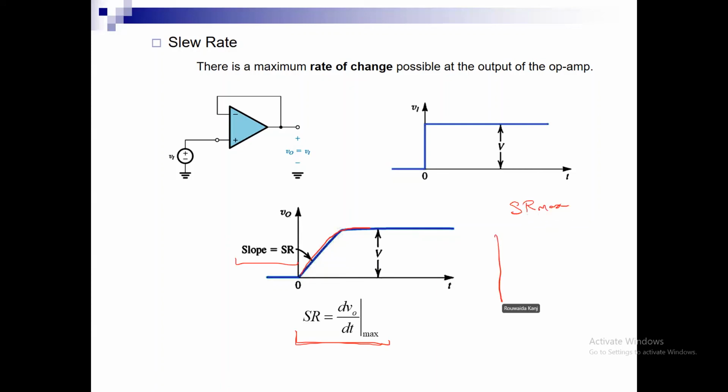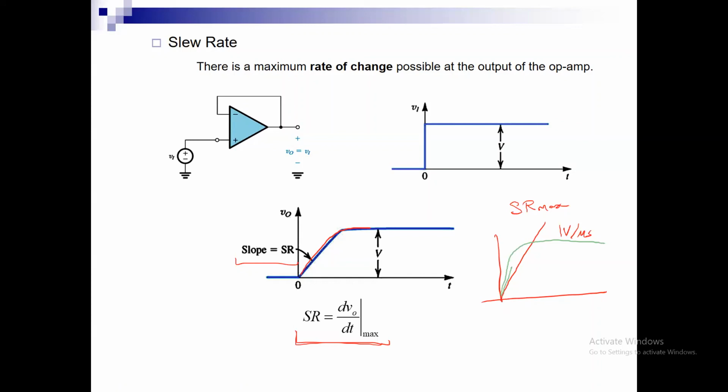Let me assume that it can tell me that I can really maximally rise at a rate of 1 volt per microsecond. And let me say that I find that my output really needs to rise faster than this. What is going to happen? My output will have to abide by the slew rate.